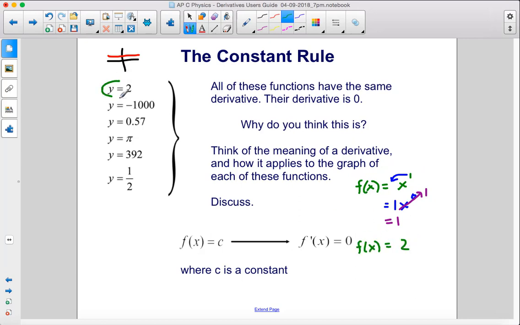Well, 2 is the same thing as 2 times x to the 0, because x to the 0 is just 1. And if you did the power rule here, 0 times 2 would just give you 0. So using the power rule, you can see why a constant has the derivative of 0.